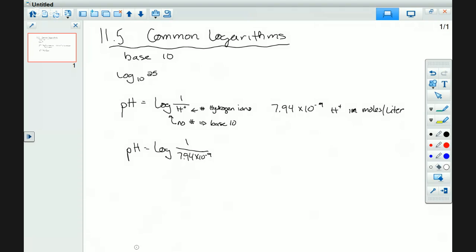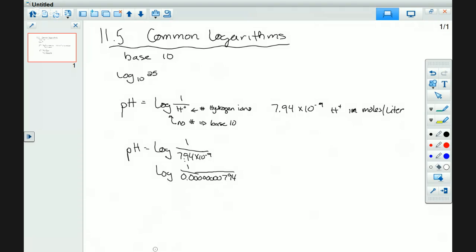And there are a couple ways to deal with scientific notation. One is to make it a decimal. So if you move this into a decimal, you can type that in.